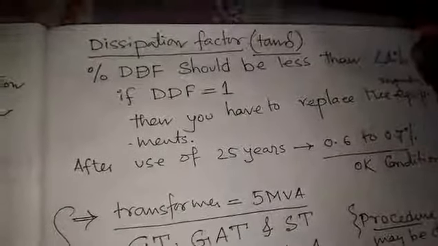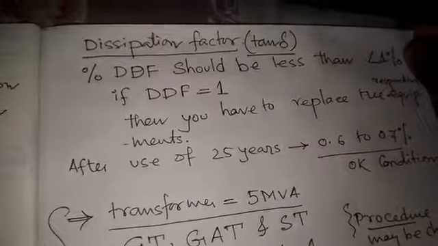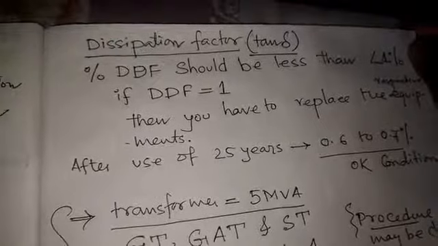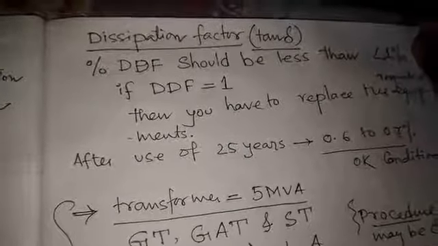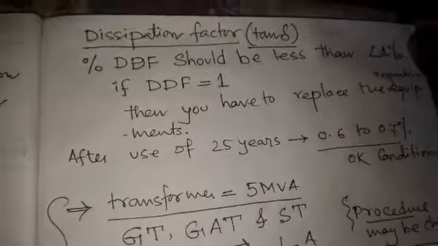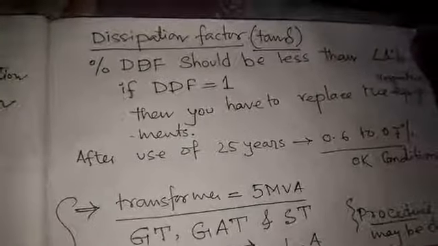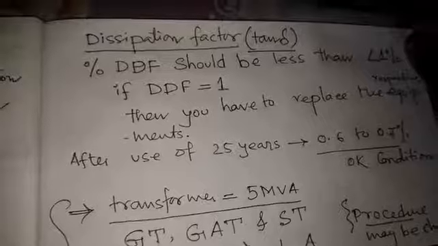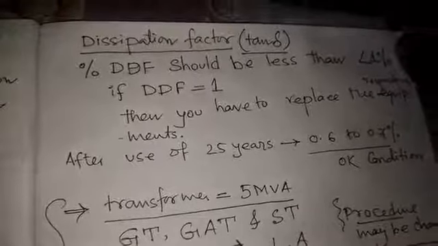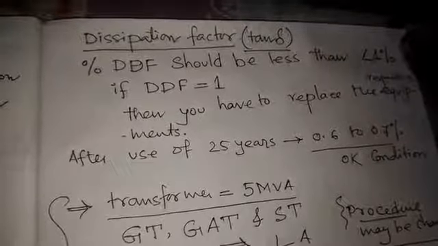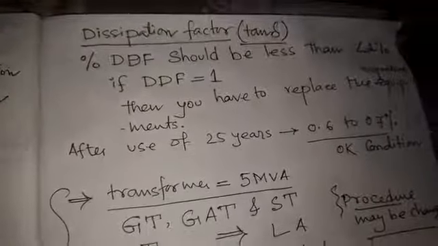If the dissipation factor is less than 1%, then the equipment insulation is better, and we can use that equipment accordingly. But if the DDF is 1 or above 1, then you have to replace the respective equipment.